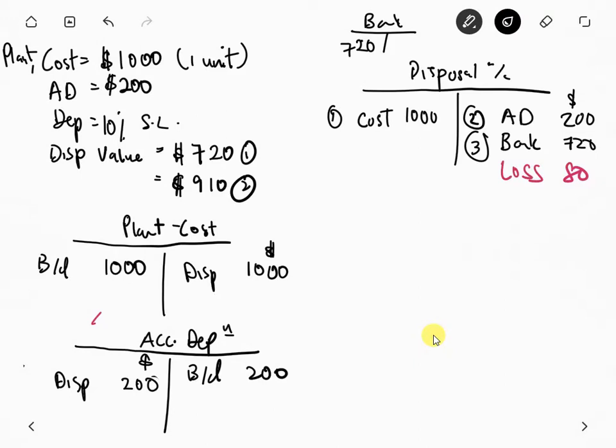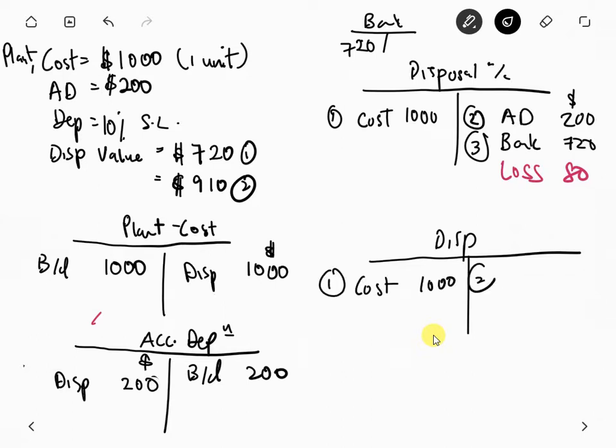4 steps. What if I sell it, scenario 2, for 910? Oh, same asset. If I sell it for 910, how many steps? Cost, accumulated, bank. Step 1, credit cost. Step 2, this asset, what is the accumulated? 200.